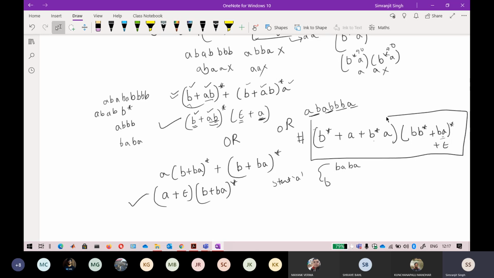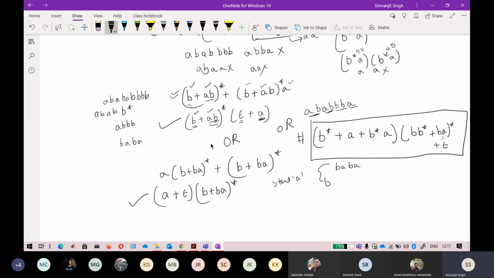If you have any other expression in mind, just post it in the chat box so we can take a look at it. If you got something different, I can generate some strings and verify whether you got the right answer or not. These three are the possible solutions to this question.